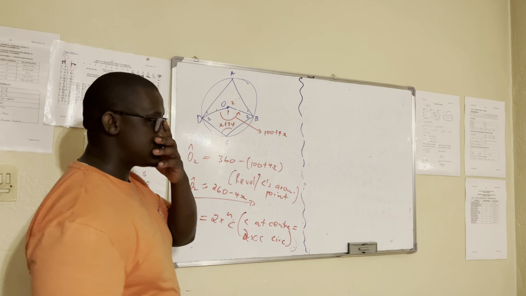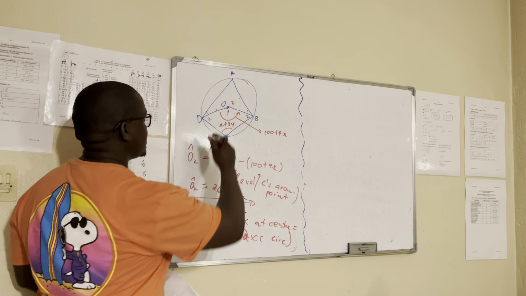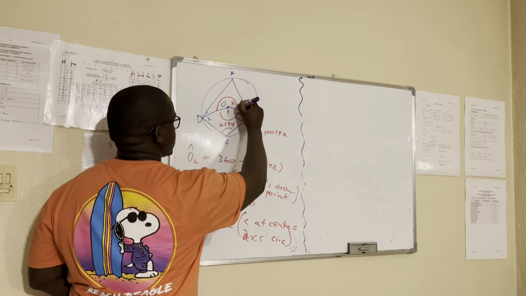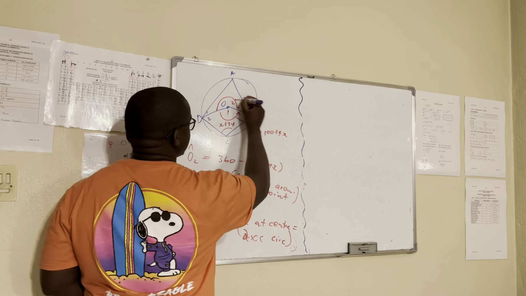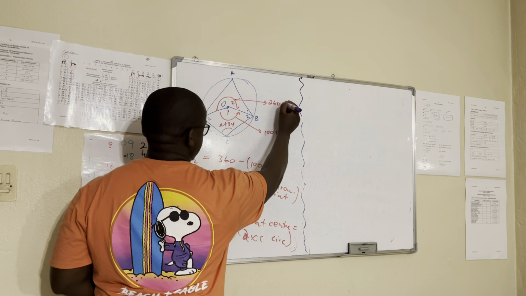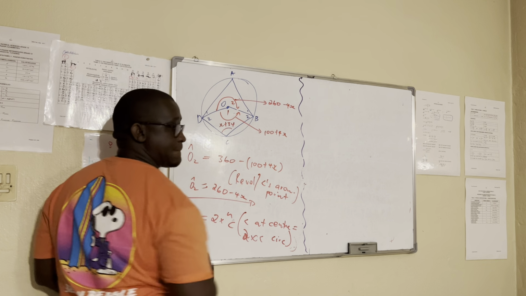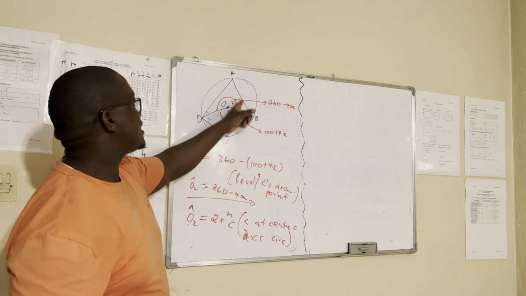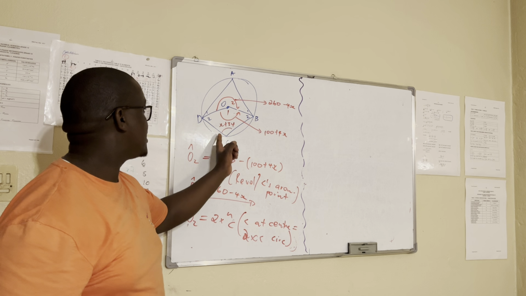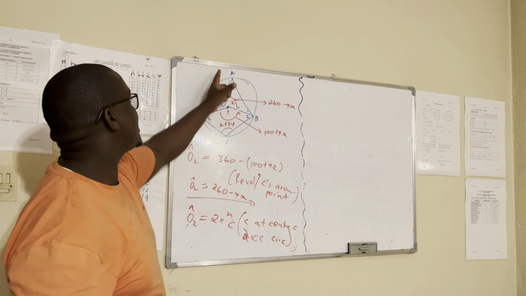This O2 is the one on top, the angle that's equal to 260 minus 4x. So which one is 2 times A? This one. You can say O2 is 2 times C, and here O1 is 2 times A.